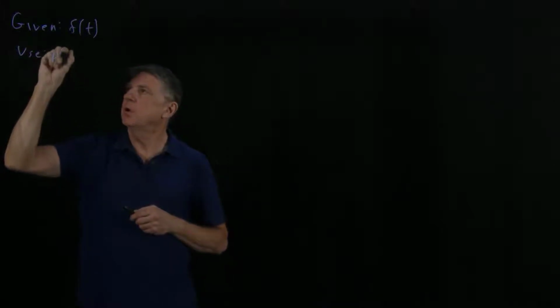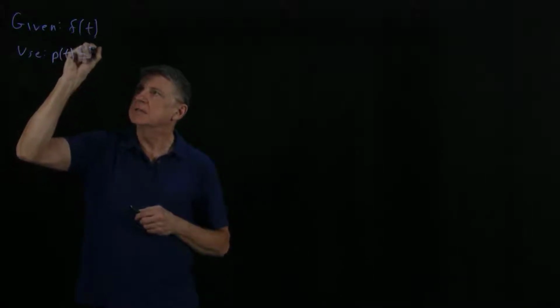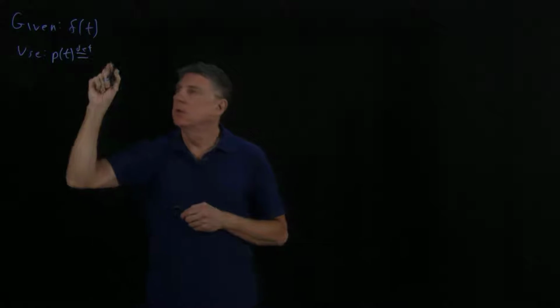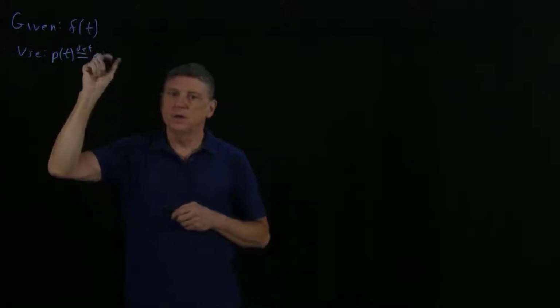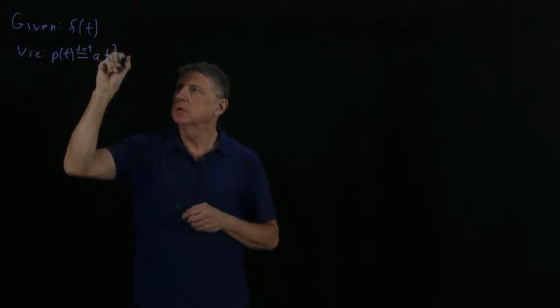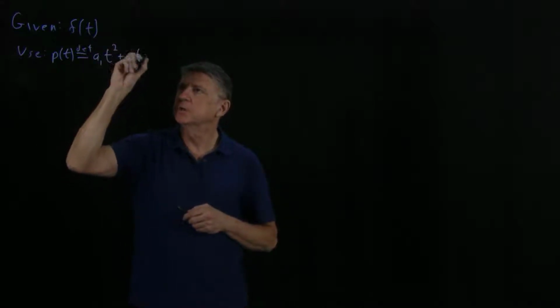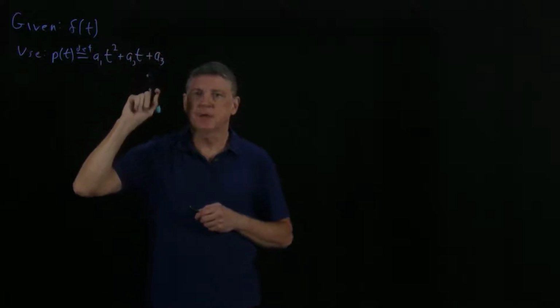So we'll define a polynomial that has a scalar argument, in MATLAB style, as coefficient 1 times the square of the argument plus coefficient 2 times the argument plus coefficient 3.